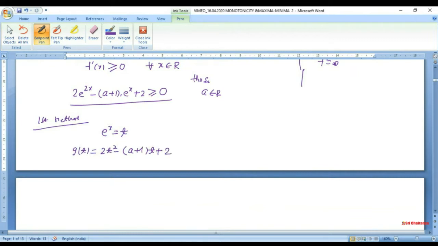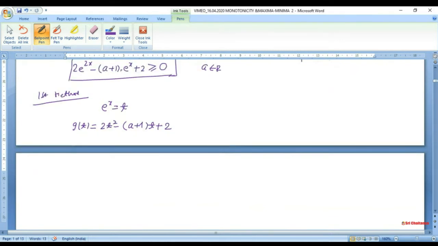So g of t is this function, and your problem now reduces to finding all real numbers a such that this inequality is greater than or equal to 0 for each x that belongs to R. That reduces to finding the set of all a that belong to R such that this quadratic g of t is greater than or equal to 0 for each t that is positive, because e to the power x is t, and you know that e to the power x is always positive.